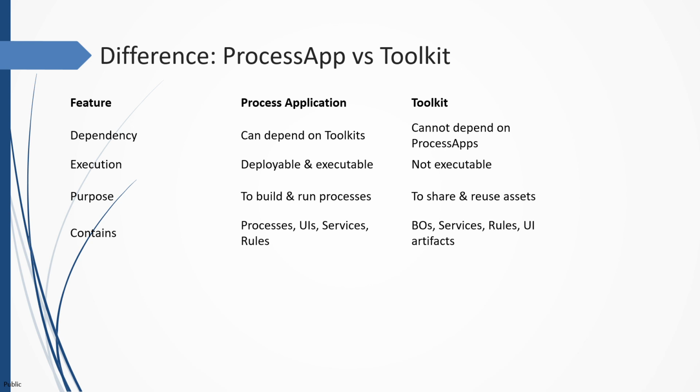The process application contains processes, UI, services, rules, or any artifacts we can create. In the case of a toolkit, we can also create all the artifacts supported under the process application. We can create a process inside the toolkit, and make that particular artifact reusable.